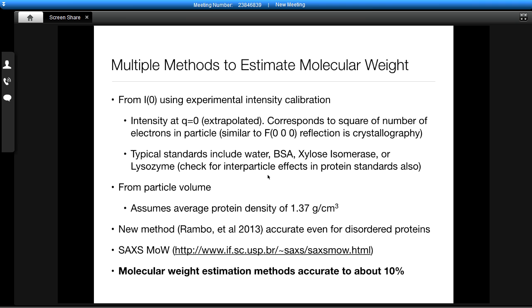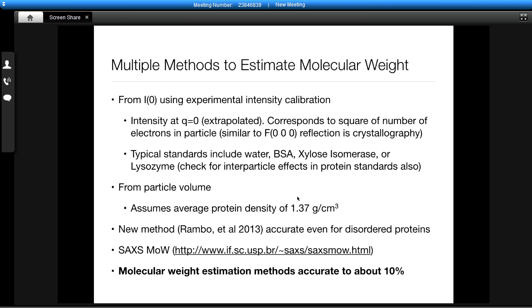You can also get your molecular weight by knowing what the particle volume is. The SAXS will tell you how much volume, how much space the particle occupies in solution. So if you use the fact that density equals mass divided by volume, and assume, say for proteins, a density of 1.37 grams per centimeter cubed, then you can estimate the molecular weight if you assume a uniform protein density.